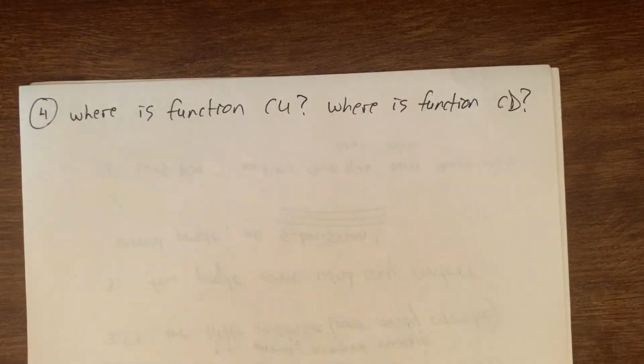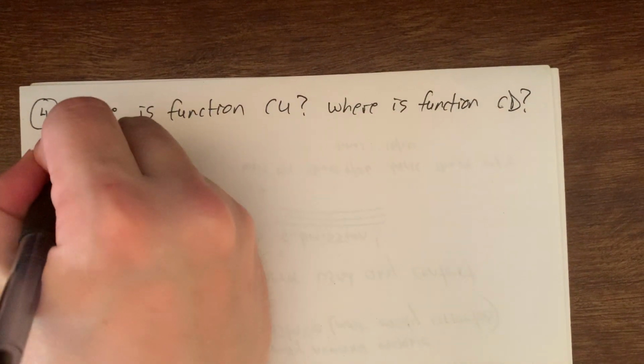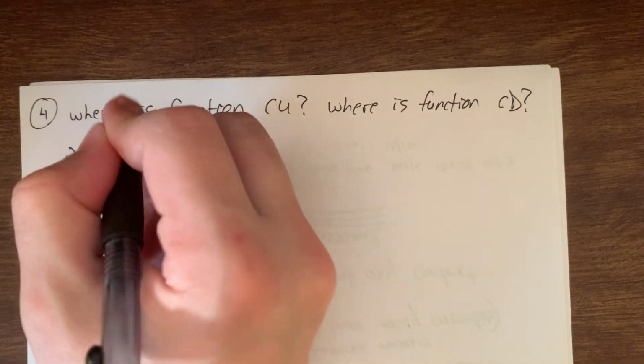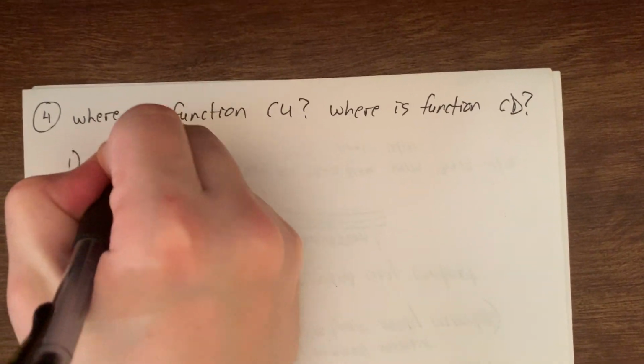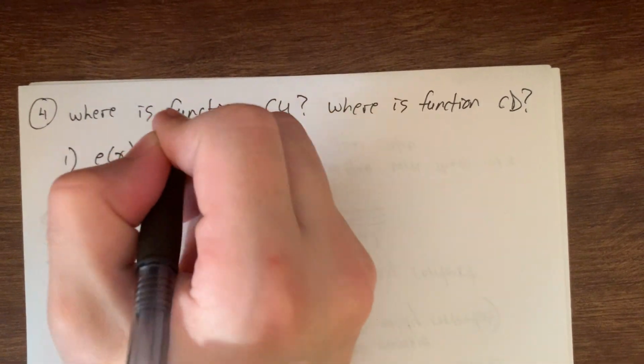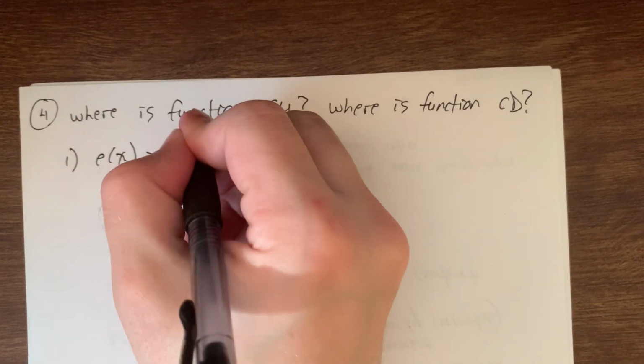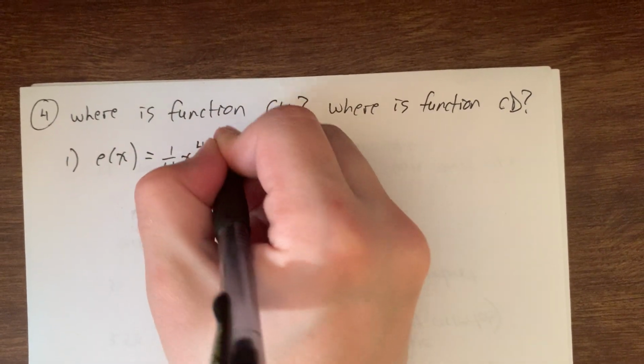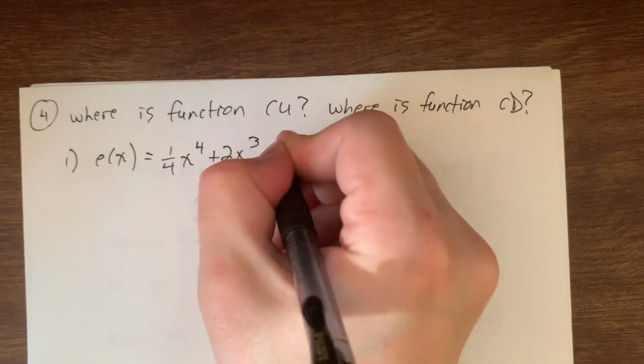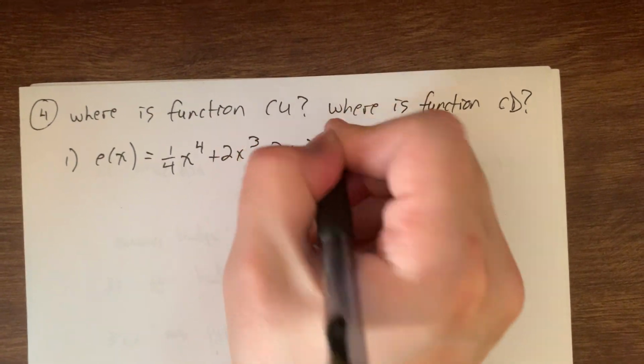And let's start off with number 1. Let's use the function f of x is 1/4 x to the 4th plus 2x cubed minus 2x plus 7.